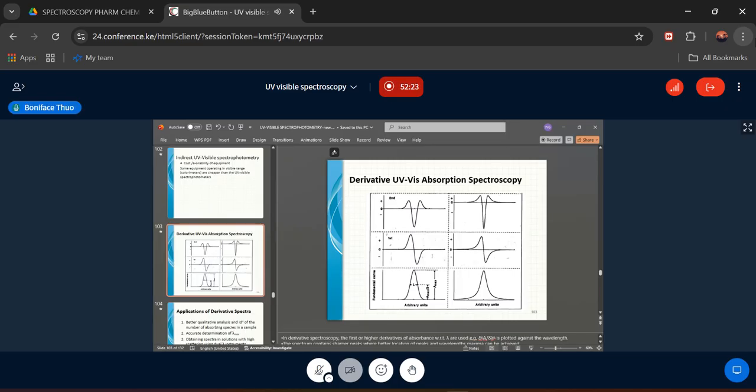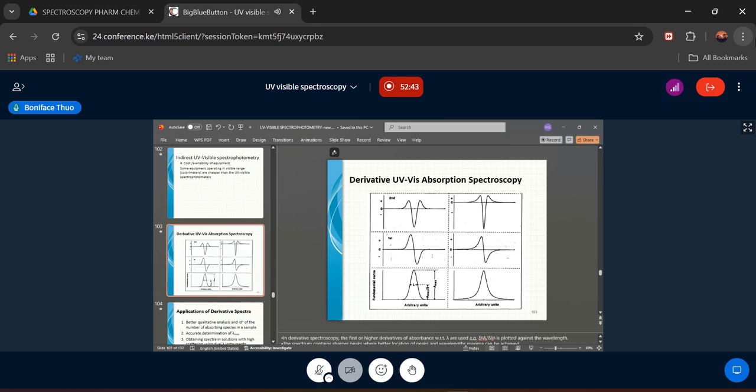Finally, this is not a quantitative application, but it's just a manipulation of the data collected to be able to, for example, determine the purity of a material or the lambda max.